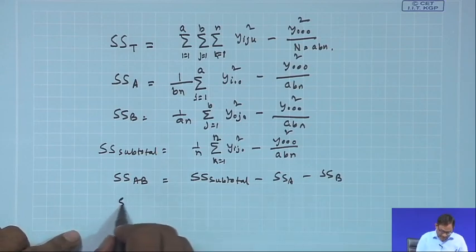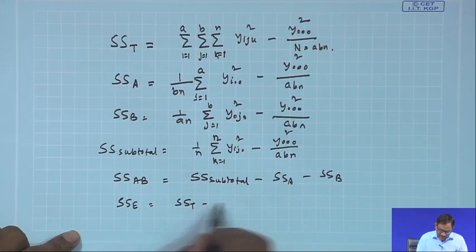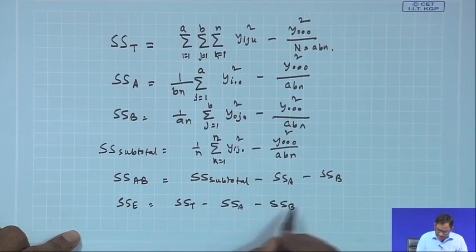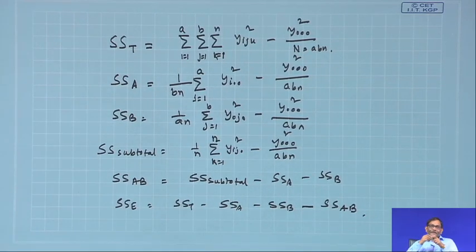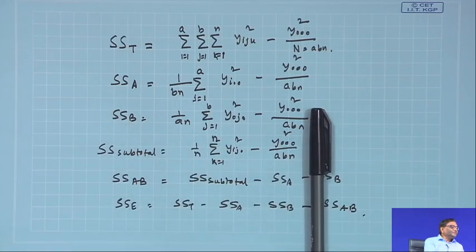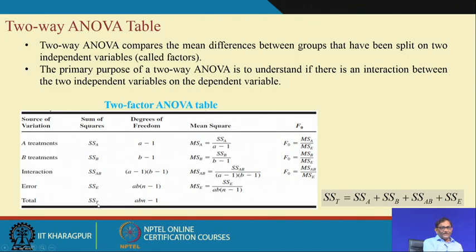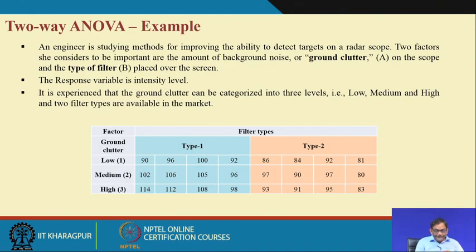Then you find SSE, which is SST minus SSA minus SSB minus SSAB. This is the computation part for the sums of squares, and it will be used in the ANOVA table. Now see the table: SSA, SSB, SSAB, SSE, SST, all the computations I have shown, and now you will be able to find these. Okay, so let us see one example.